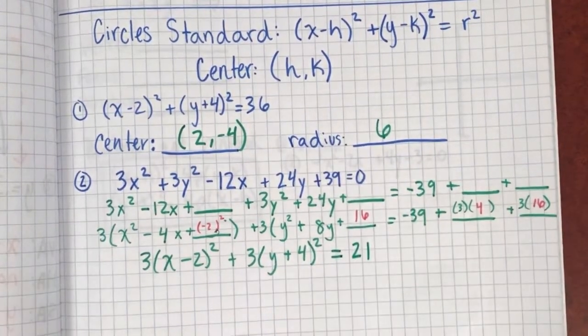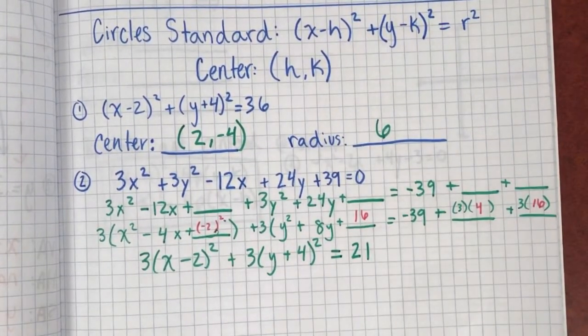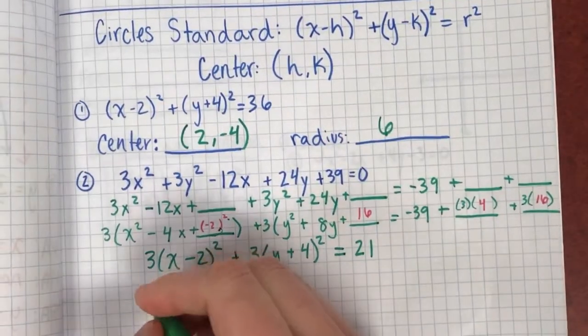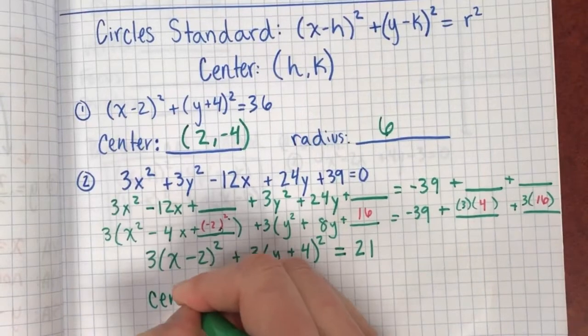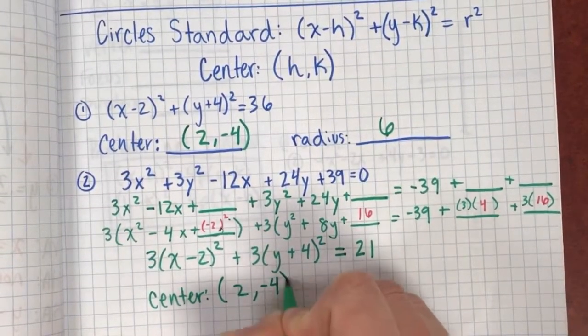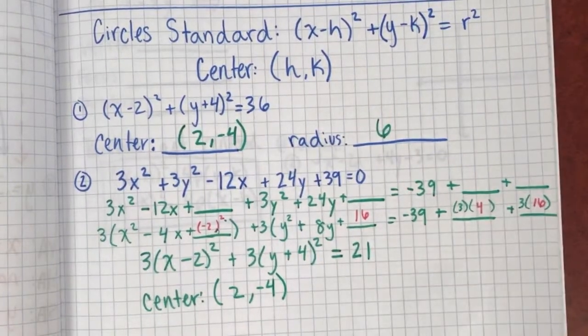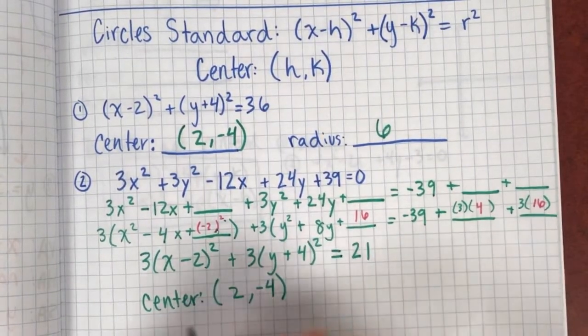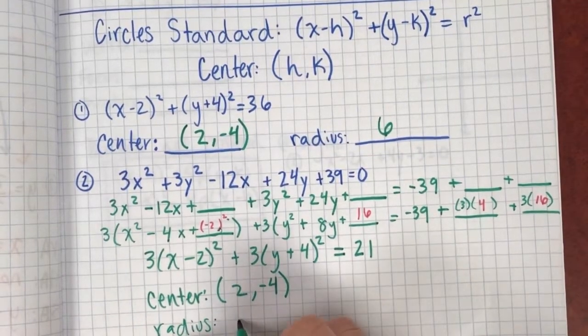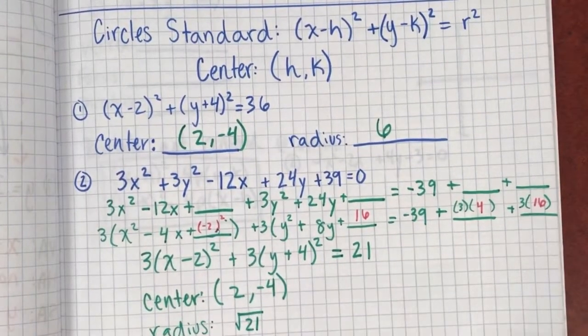And let's see, that's going to equal 21. All right, so from here, I know exactly where my center is and my radius. So our center here is at (2, -4). And my radius is the square root of 21.